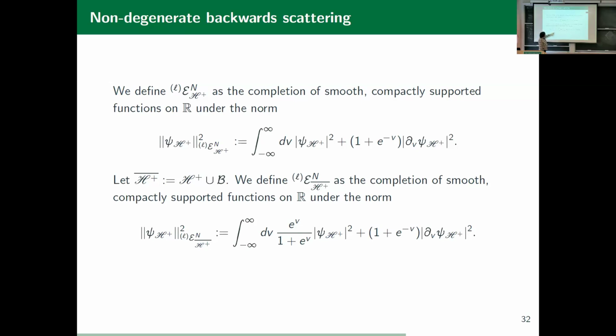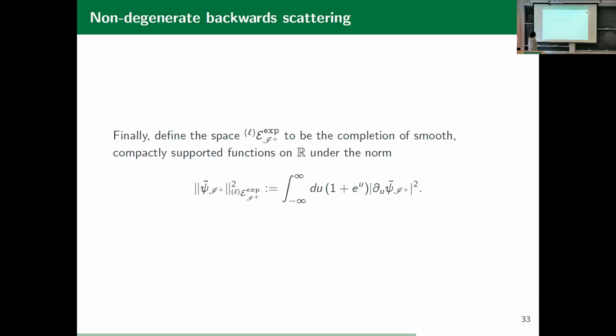This is because we need to worry a little bit about the behavior of C at the bifurcation sphere, but it's just a technical modification. Okay, so I'm going to define one more space, which is E Chi plus exponential for fixed L. This is the space of radiation fields at Chi plus which are finite energy, but which also decay exponentially as U goes to infinity.